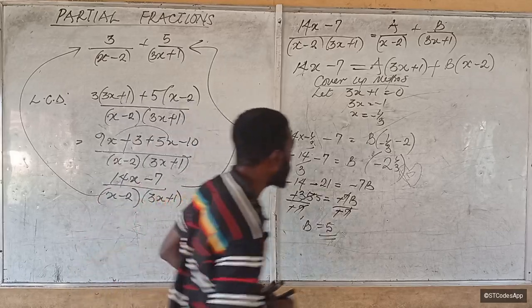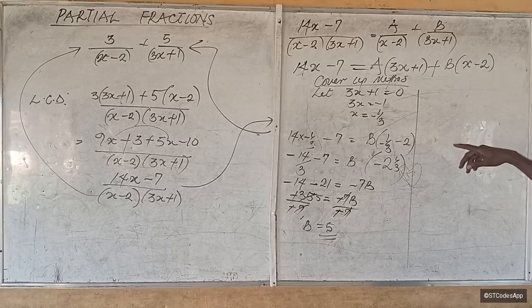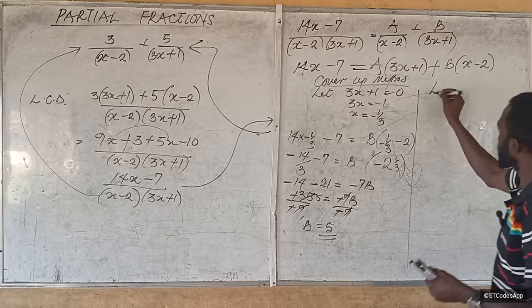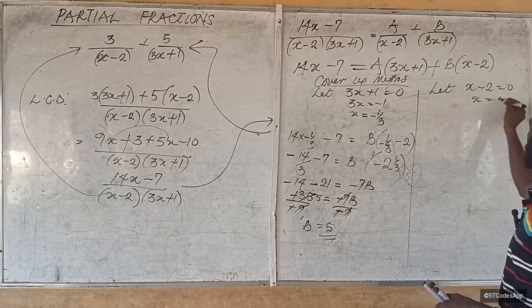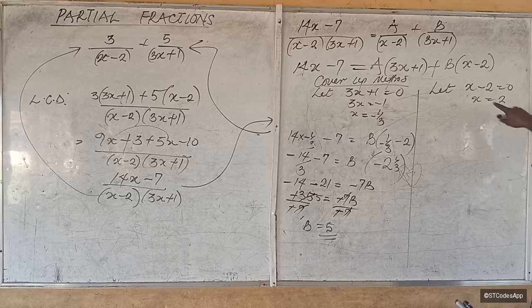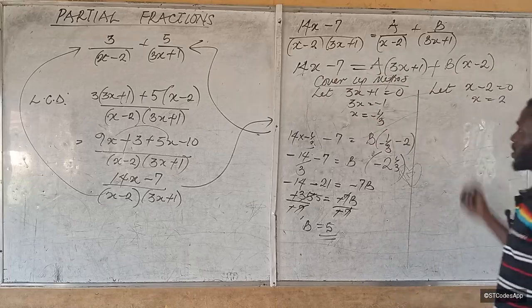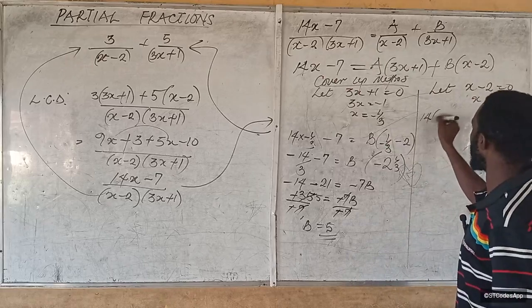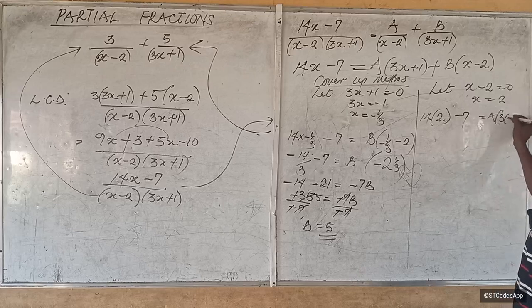Now, from here, I know also that I can let x minus 2 be equal to 0, so that x is equal to what? 2. If x is 2, this is going to be 0, and then we'll be able to work with this alone. So by the time we substitute, we have 14 into bracket 2 minus 7 equal to a into bracket 3 multiplied by 2 plus 1, right?